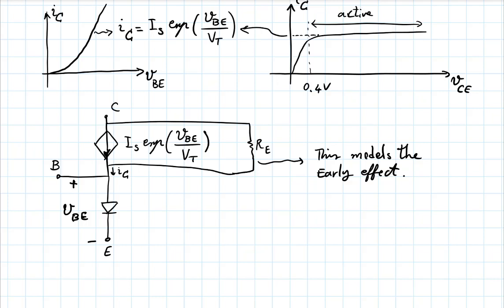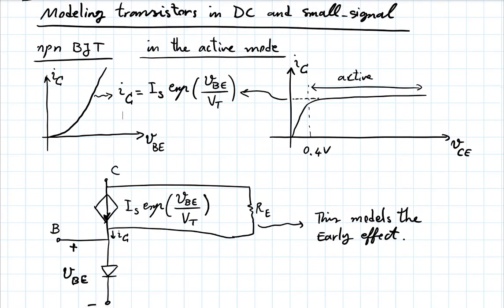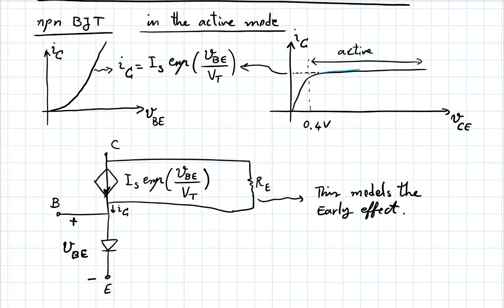Or maybe I can be more specific. It does depend on VCE, surely. I mean, if things change in the circuit, that current will change. But not directly like that. It's really a direct function of VCB, right? Whereas what I wanted to model in the early effect was a dependence on VCE, right? An almost linear increase with VCE.